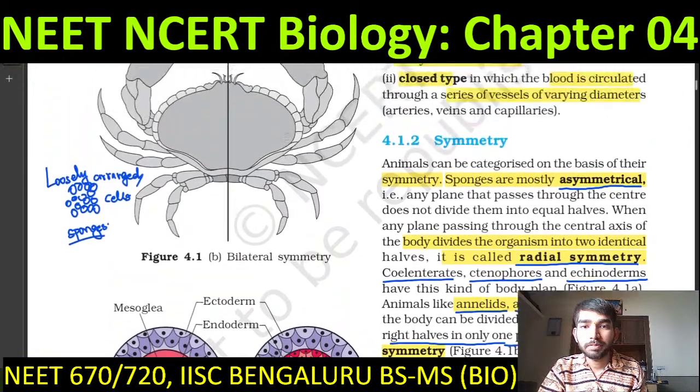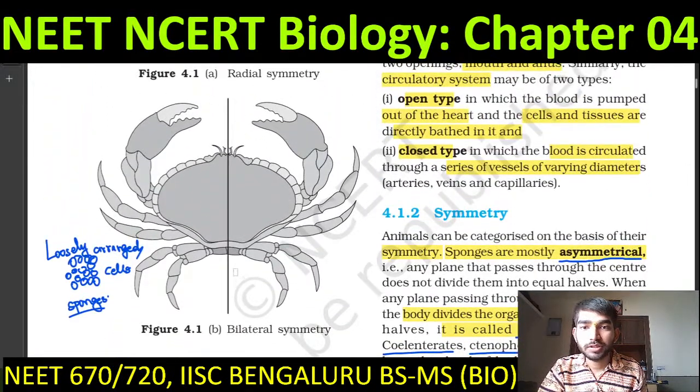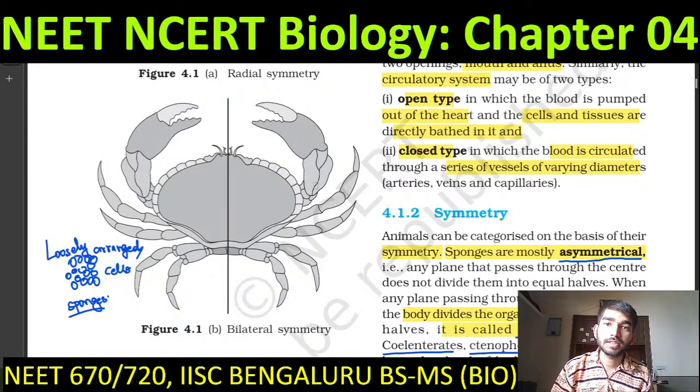Here a classic example can be seen in the image, which shows a crab, but you can also remember cockroach or humans. We can divide ourselves in two equal halves. Although this is external division of equal halves, if you look at our internal organs, they are not going to be divided into two equal halves because on one side there will be the heart, which is tilted towards the left side.